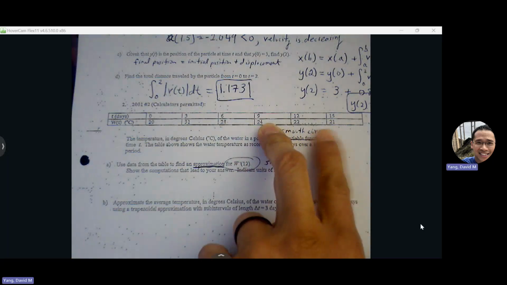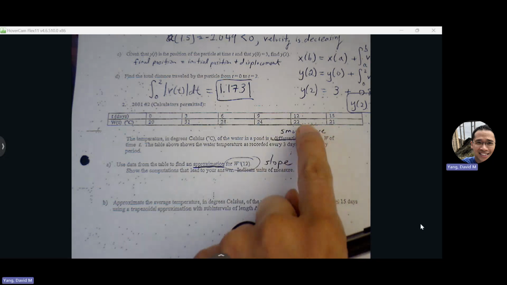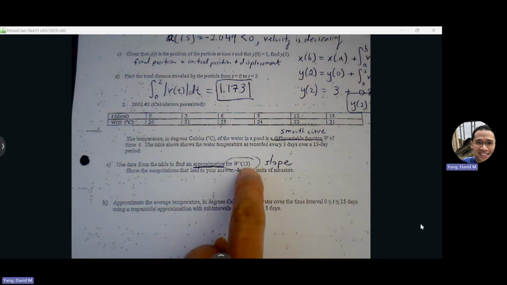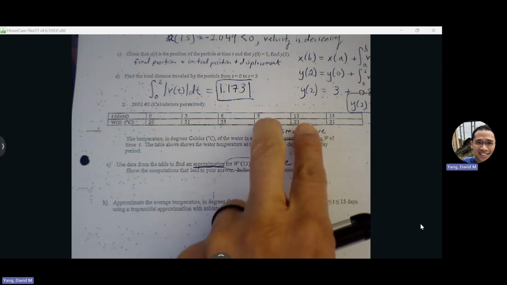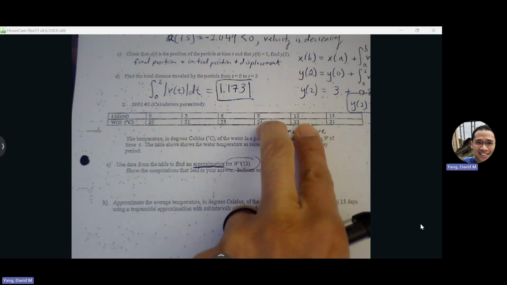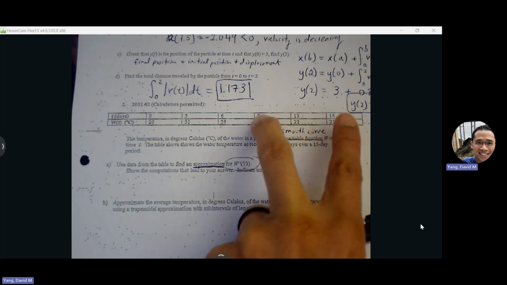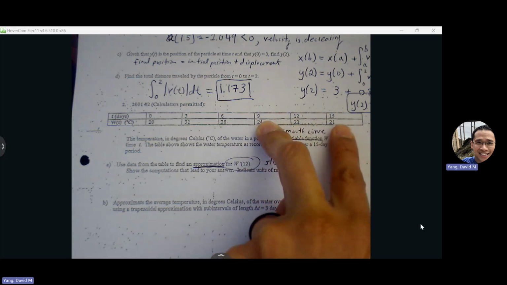We know another word for derivative is slope, right? So if I want to find slope at a point, I need 2 ordered pairs. If they're giving you the exact t-value that they're asking for the slope, you have a couple of options. You can use any points around it. You can use 8 and 12, or 12 and 15. You could also use 9 and 15.